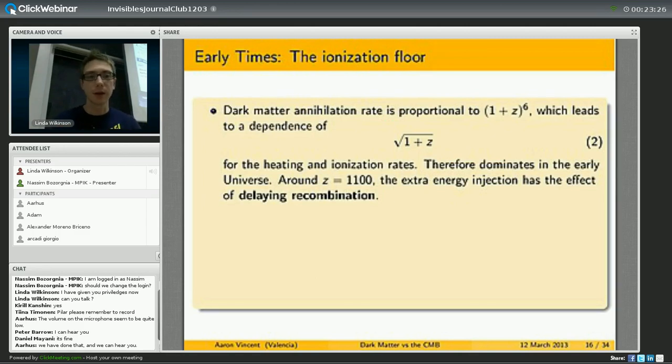So the early universe is really when you would expect to see a very large contribution from dark matter annihilation. When I talk about the early universe, I mean redshifts from 1100 until now, from the last scattering surface until the present day, which is when these CMB photons are propagating, the region where we expect to see any visible effects.